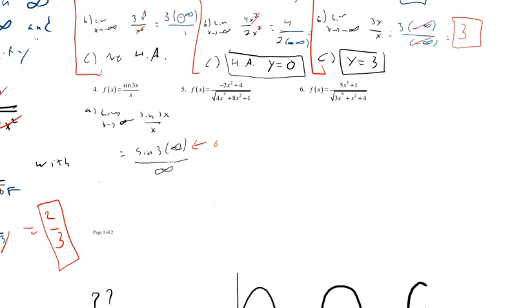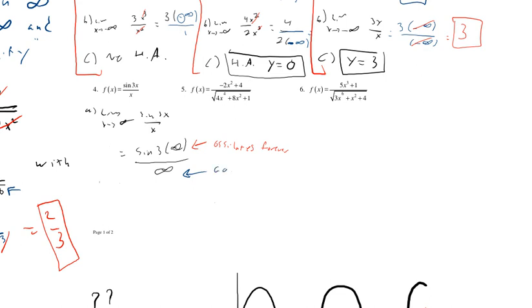But what happens when we have infinity in the denominator? What happens with that? Infinity in the denominator means our function goes to 0.